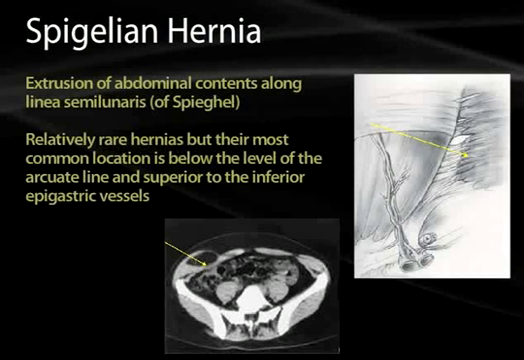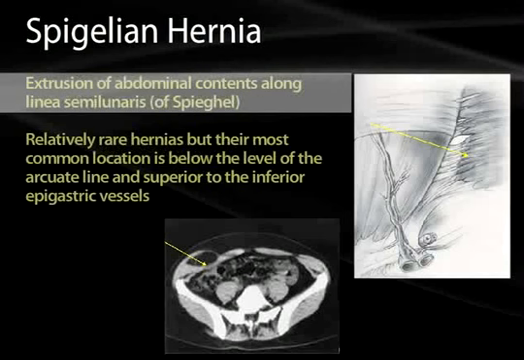One of the more rare hernias is a Spigelian hernia, and this is extrusion of the abdominal contents along the edges of the abdominal wall at the level of the linea semilunaris. These are basically due to an incomplete closure or open fascicles in between the aponeuroses, where they get thinned out.